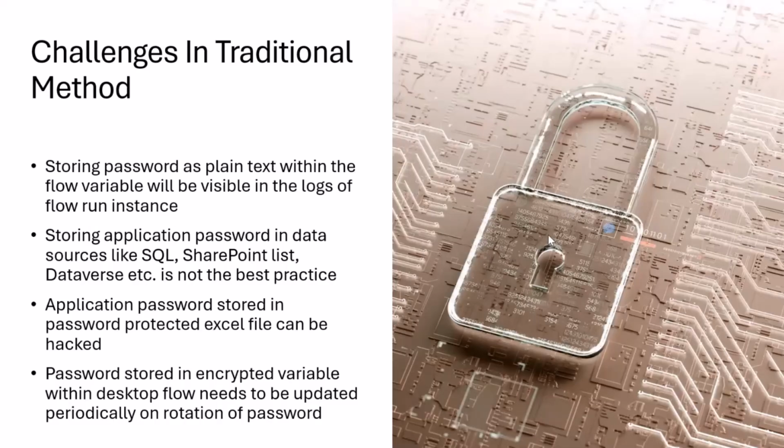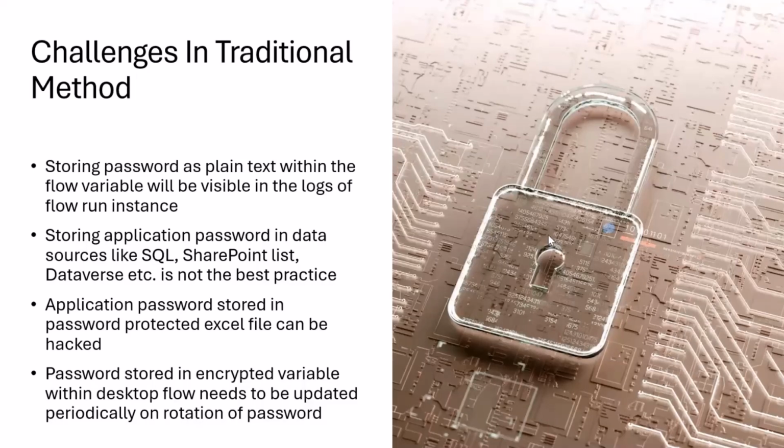The most common problems we face in storing application passwords in UI automation are: it is not a best practice to store a password as plain text in a flow variable, as the password will be visible in the logs of flow run instances.